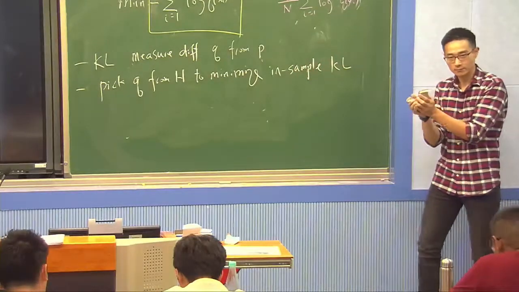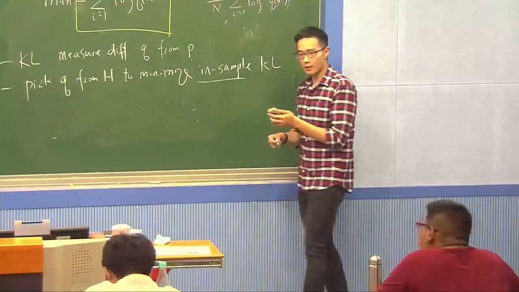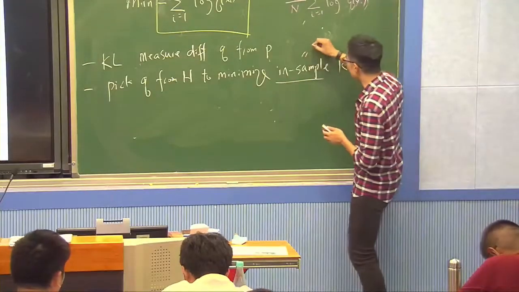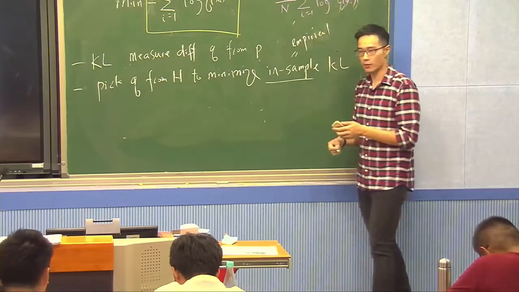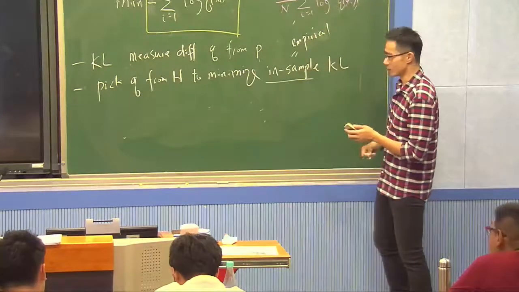Because we only see in-sample data. Now, in data science, we often call in-sample also empirical, right? So you often hear people say empirical KL or empirical cross-entropy. It's the same thing as in-sample KL divergence.